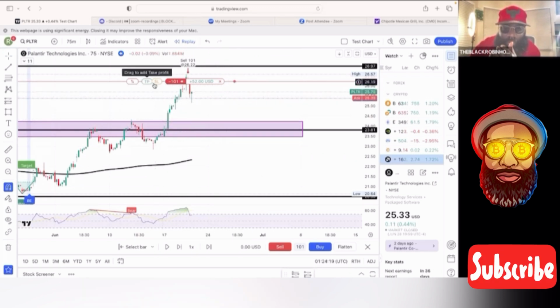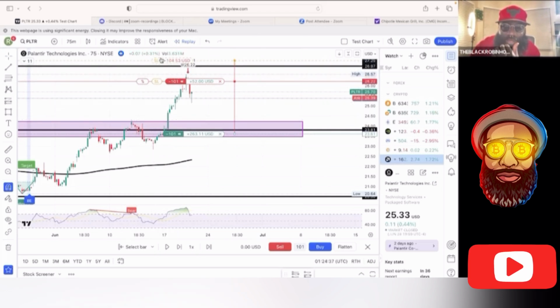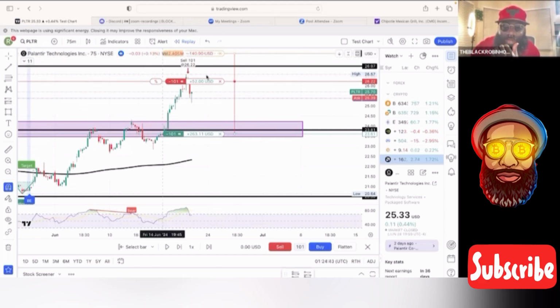Hold on. Can y'all see? I'm gonna take my take profit here. So basically, if it hits my take profit at 23 something, I'll make $263. And then my stop loss, I'm gonna take it to right here.